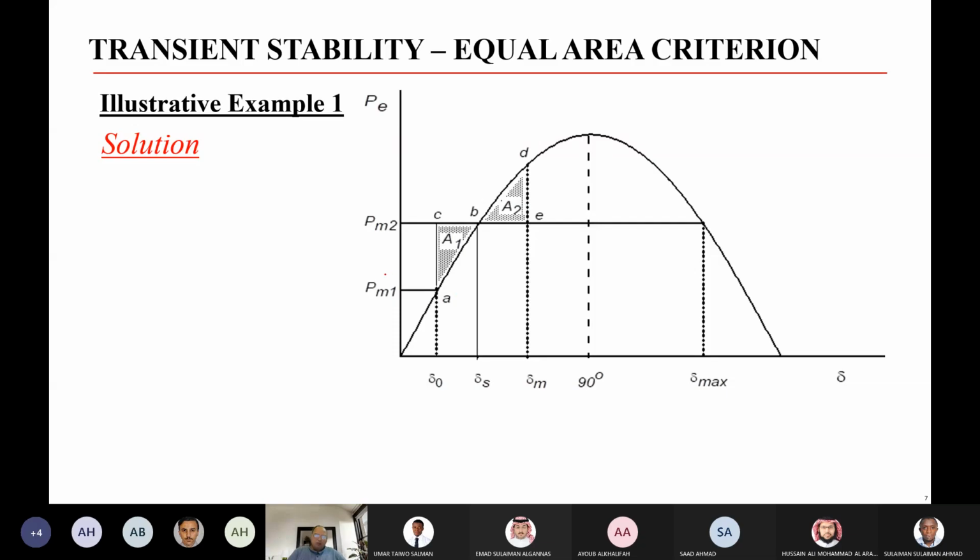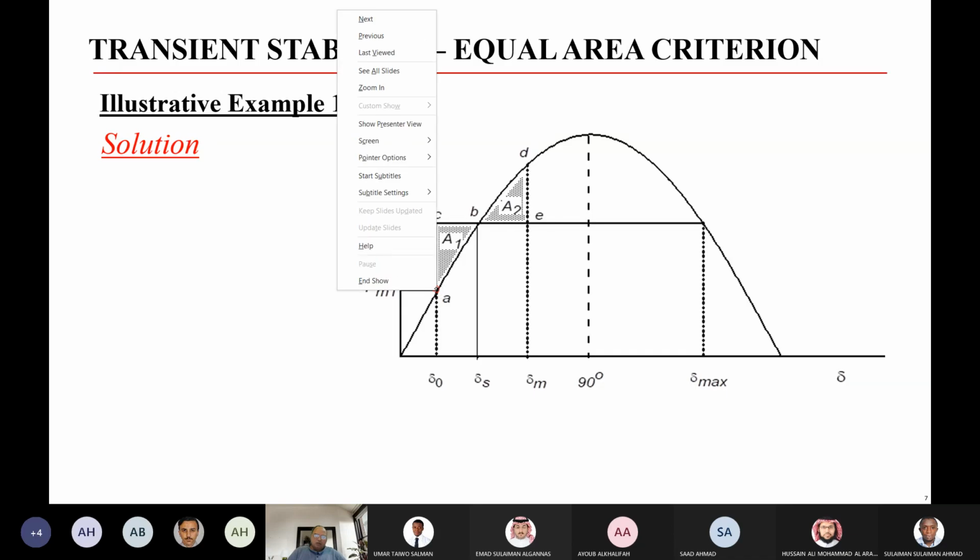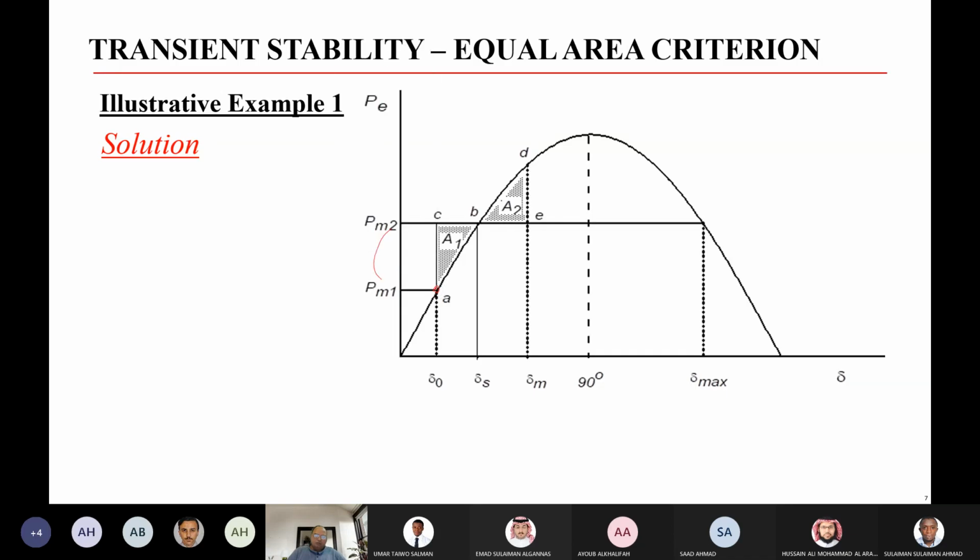Of course, we increase the Pmechanical. So the system was here at the beginning, and eventually the system will stay here if it is stable. When we increase the mechanical power, Pm2 is greater than Pelectrical, the curve here.